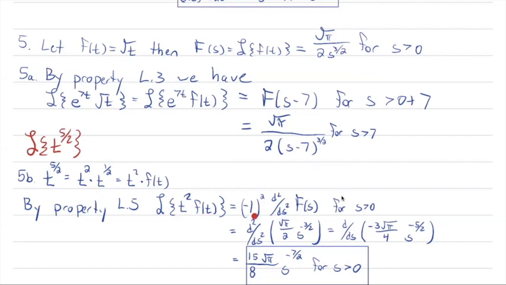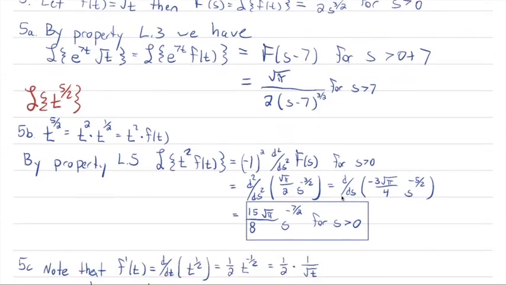This is where you would use the (-1) to the nth power times the nth derivative of the Laplace transform of f of t. We have a power of 2 over here, so the sign doesn't change, but we need to take 2 derivatives of this. Taking 2 derivatives, you would get the Laplace transform of that one. Any questions?